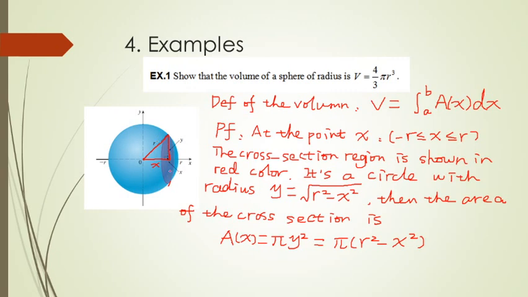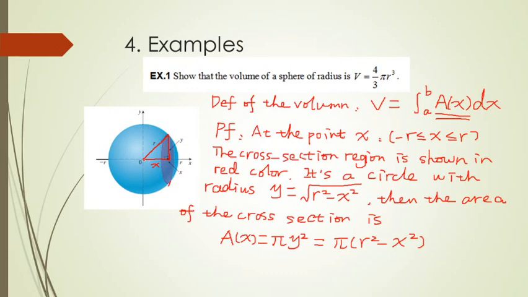You can get several tiny cylinders. That is the idea actually. But we only need to check the cross section area function A(x) here, because in the definite integral we need this cross section area. And of course the area of this circle will be different, right?